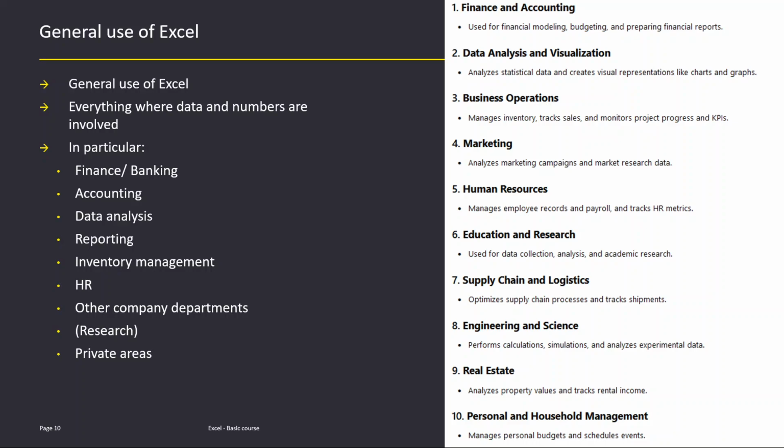This could be in finance or banking, in accounting, in data analysis, in reporting, inventory management, in the HR department or other company departments, also in research, as we've seen before. And you can also use it in your private life if you want to build an Excel table to rate the hotels you want to go to for vacation or something like this. So Excel is widely used, but normally when data is involved.